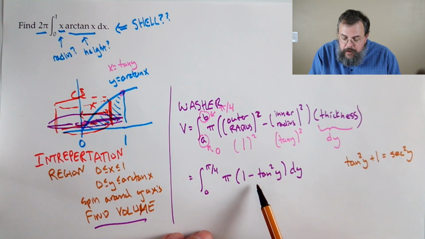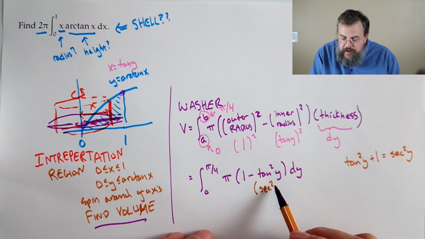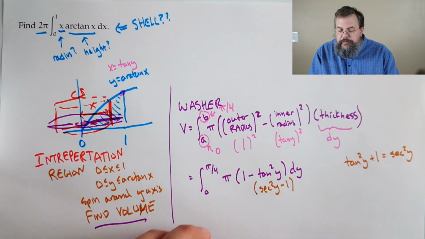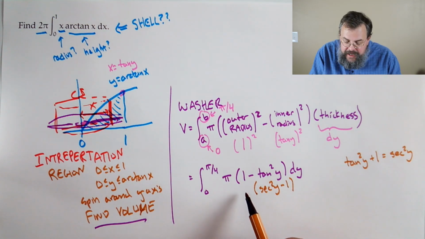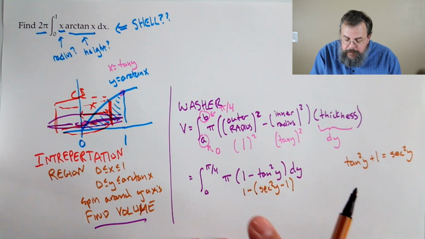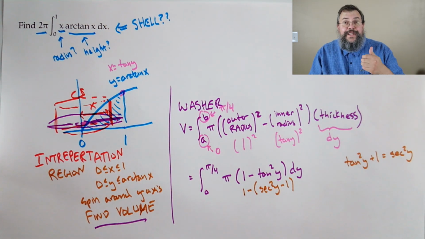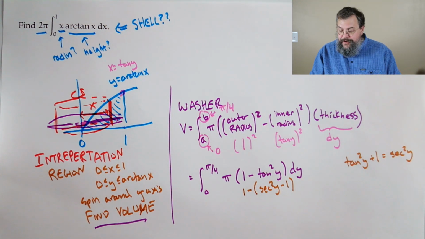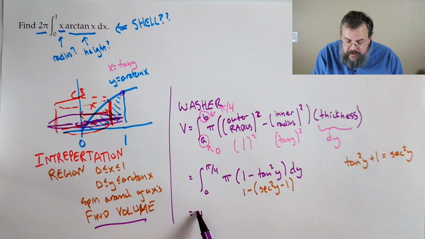So in particular, we can replace tangent squared by secant squared minus 1. Now, be careful here. Keep track, because there's a minus in front. So it's not that these ones will actually cancel, because when you go and distribute this minus sign through, they actually combine. So, what are we up to? Well, we have the following. We have the pi in the front, 0 to pi over 4.